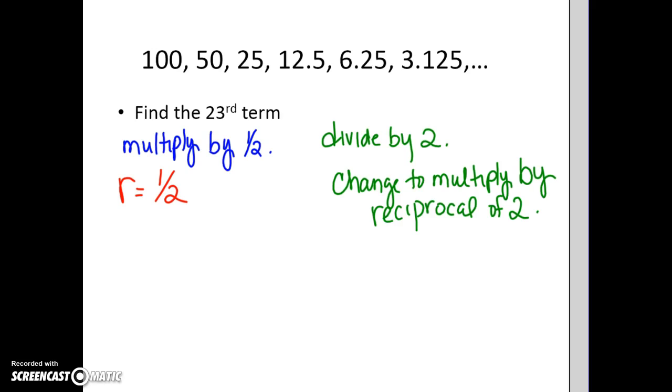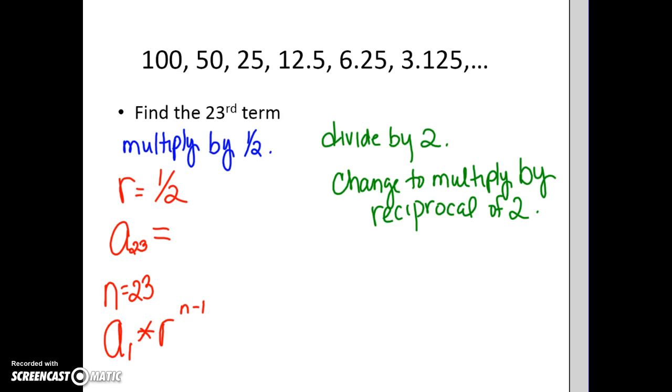I know that I need to find A to the 23rd because 23rd is my term. And I know that has to equal the first A, excuse me, I did not mean to say plus, I meant to say times, my R, and the R is raised to the n minus 1.